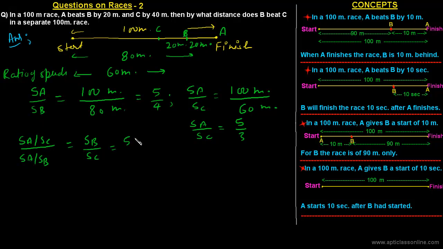That means 5 by 3 divided by 5 by 4. That will become 4 by 3. So speed of B to the speed of C becomes 4 by 3.